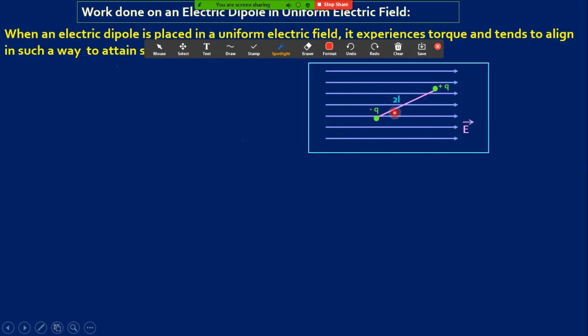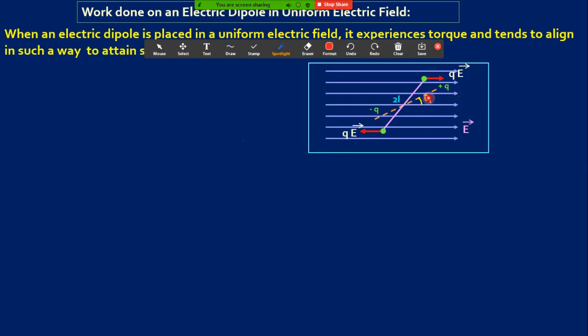This is our dipole moment, and here this is the electric dipole. Due to the electric field, the force F is equal to QE, and it also produces torque.